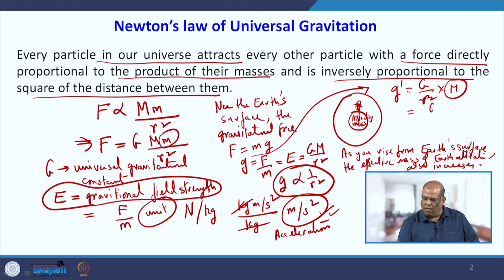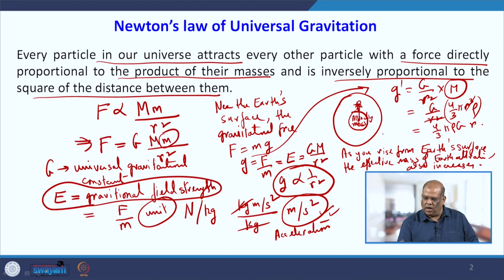So, I know that mass equals density into volume. So 4 by 3 pi r cube, that is the volume, multiplied by its density gives you the mass, and this r square and this r cube cancel. So you get 4 by 3 pi rho G multiplied by r.